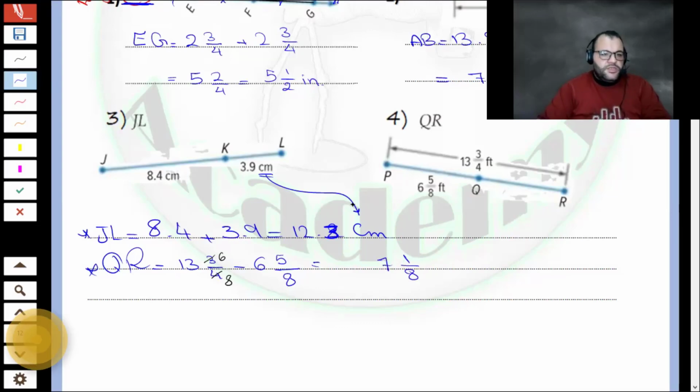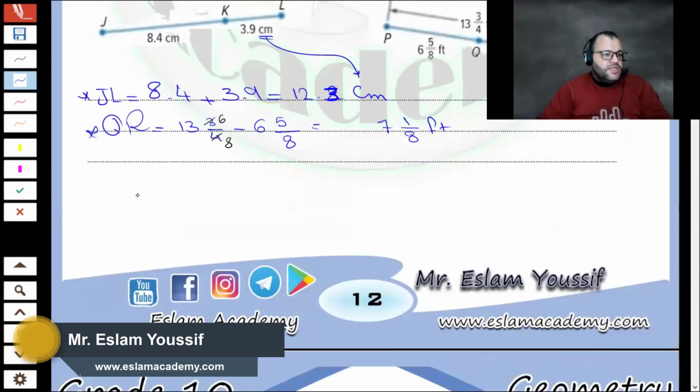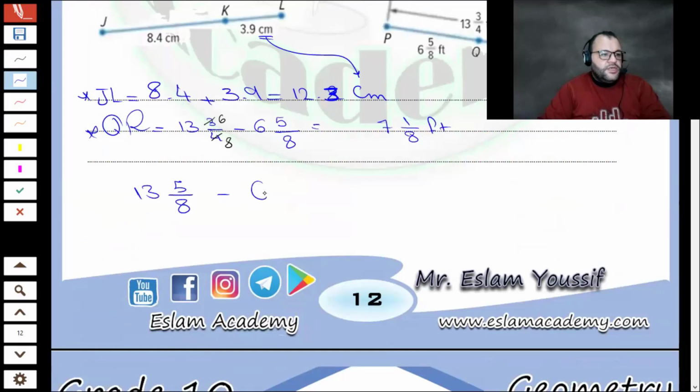Suppose the inch now is feet. If the question is 13 and 5 over 8 minus 6 and 6 over 8, how are you going to subtract this one without using a calculator? If the question is in section 3, it will be minus 1.